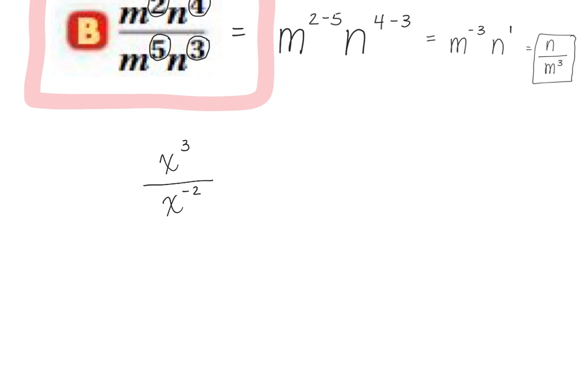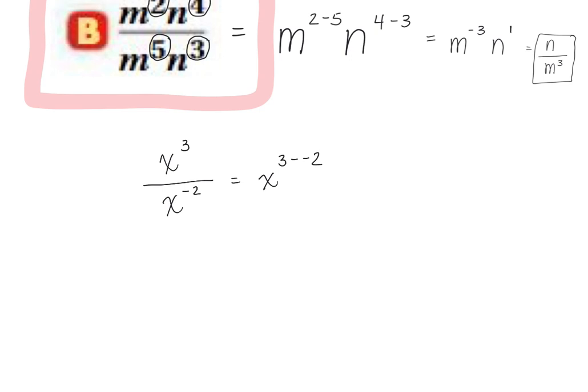Okay, who thinks they know how to set this one up? Nicole? Do x, so 3 exponent minus negative 2. Very good. I'm so glad that you said minus negative 2. A lot of people will just do 3 minus 2 here, but it's minus a negative 2. Do you guys see that?